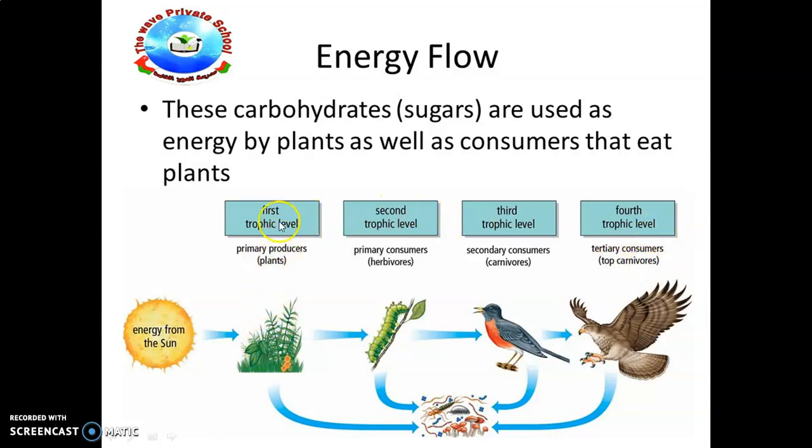Each organism, each living thing, comes under a trophic level. The primary producers, that means plants, come under the first trophic level, the second trophic level is the primary consumers, the third trophic level is the secondary consumers, and the fourth trophic level is the tertiary consumers.